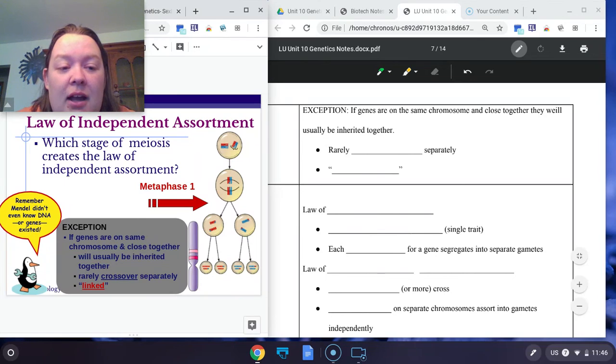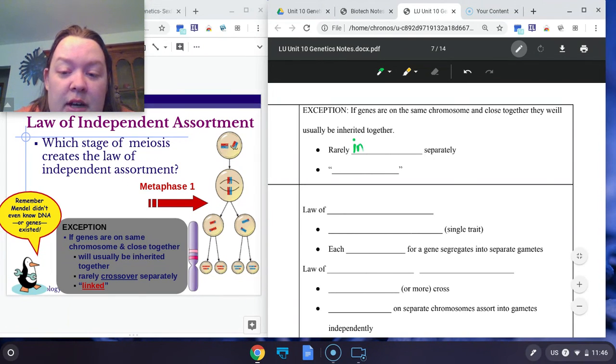They're not going to mix around. Therefore, they're not going to be mixed. They're going to be linked. So typically, if they're very close side by side, they're rarely going to be inherited separately because crossing over isn't going to happen.